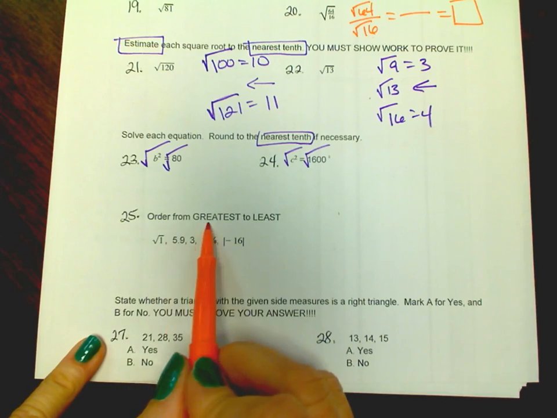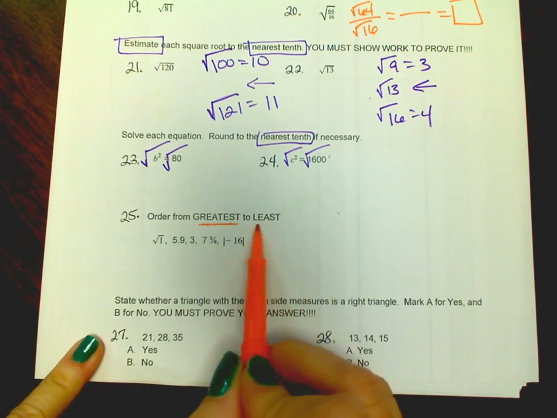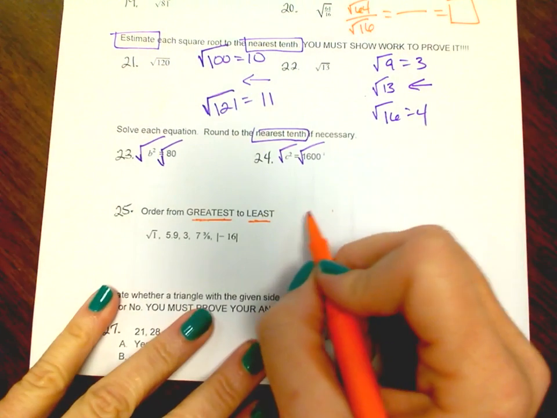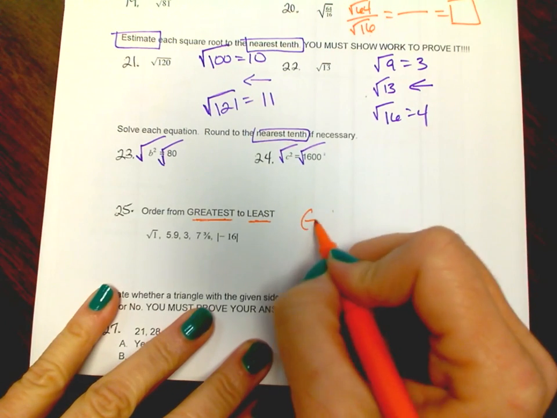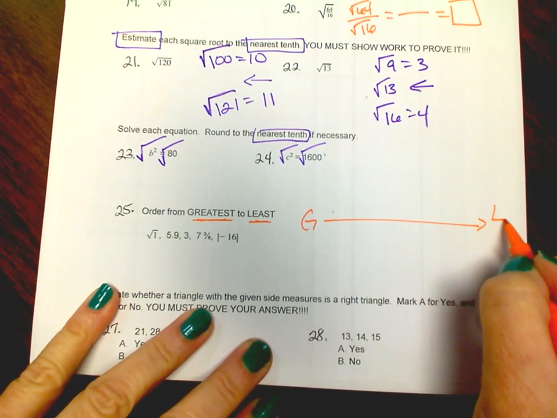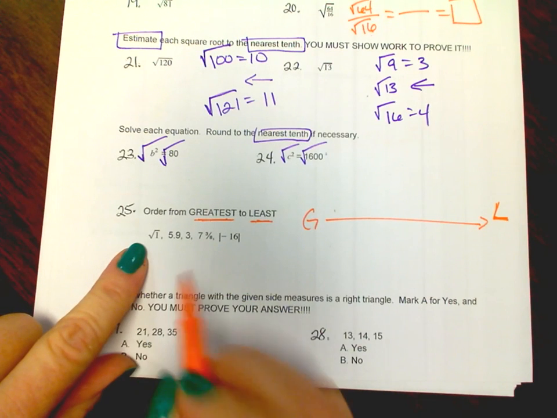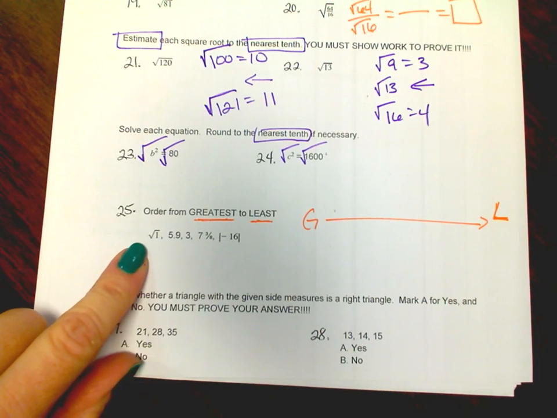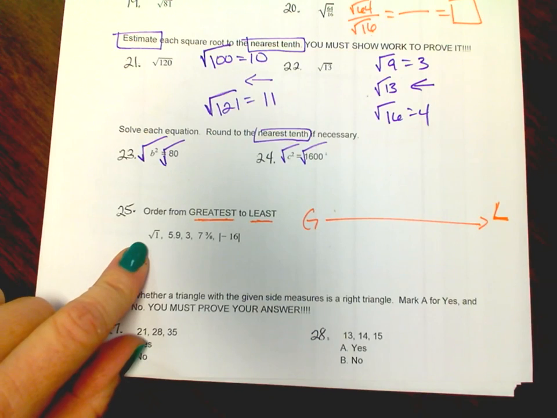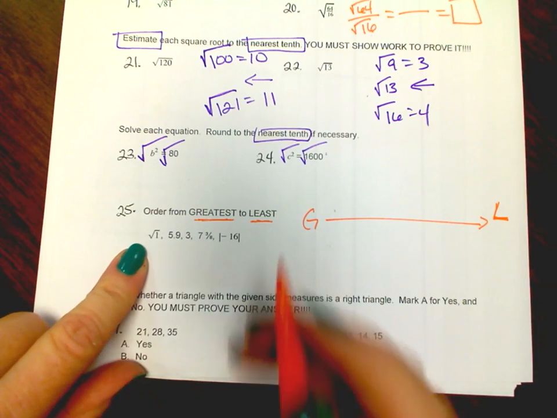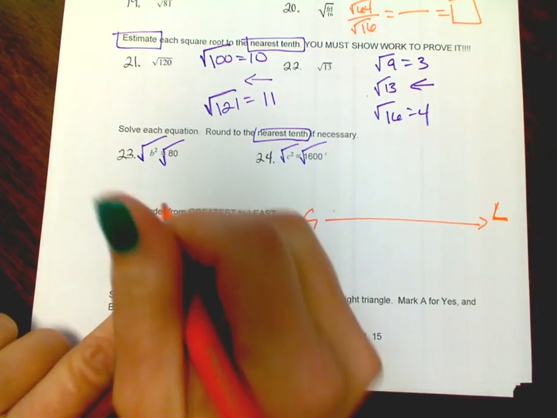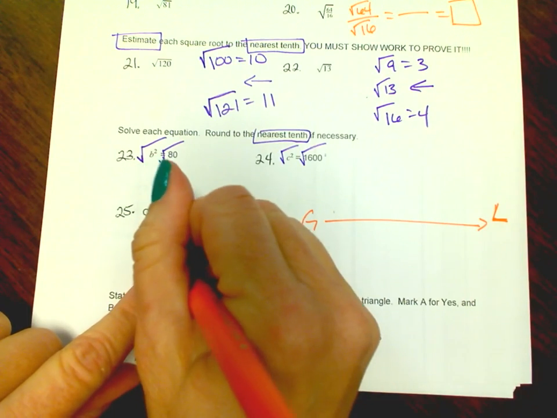25. Order from greatest to least. Okay, so to help me, I always do greatest to least. And I would go and find out, what's the square root of 1? That's 1. Okay, and then you have 5.9.